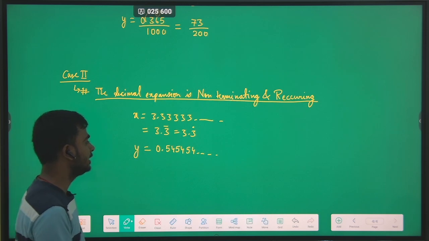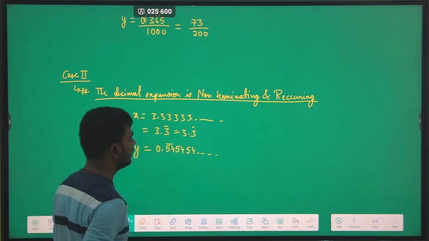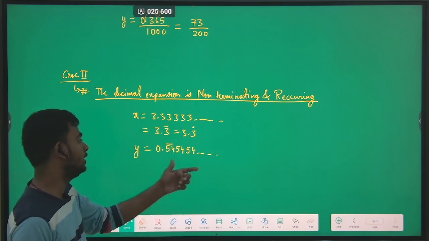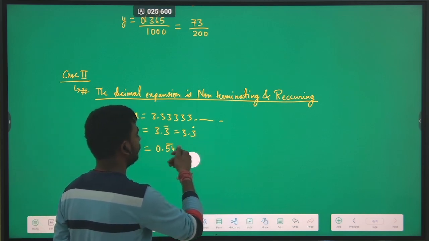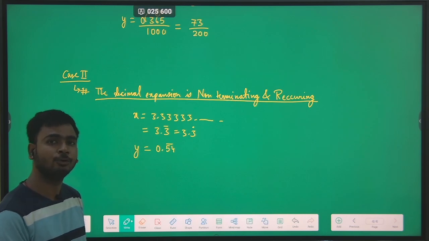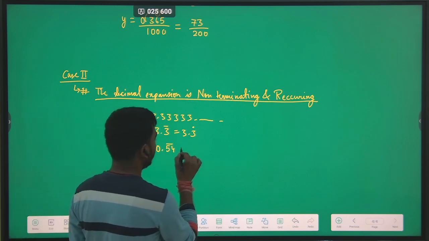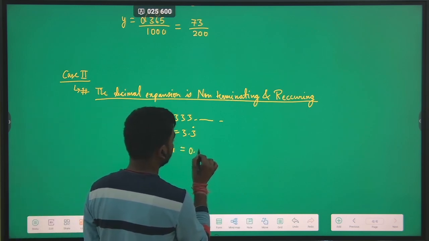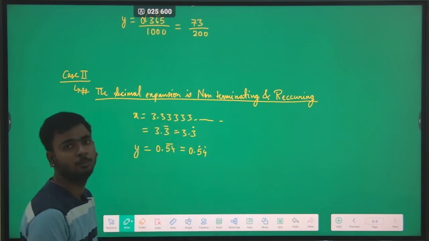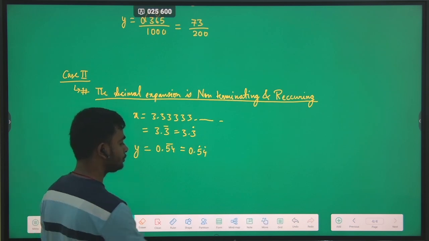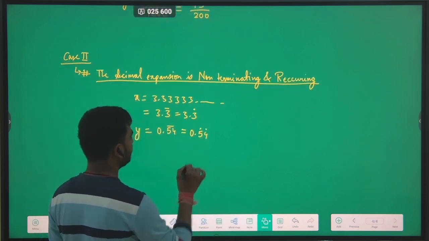What we are getting is that these two digits after the decimal point are going to be repeated. So we will make a vinculum over 54. It can also be represented as 0.54 with points above 5 and 4. So this is the second example.